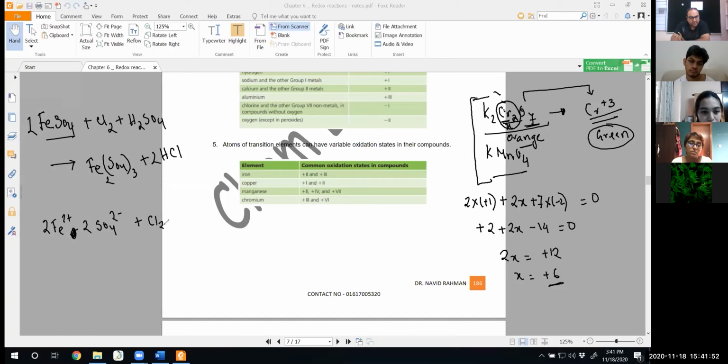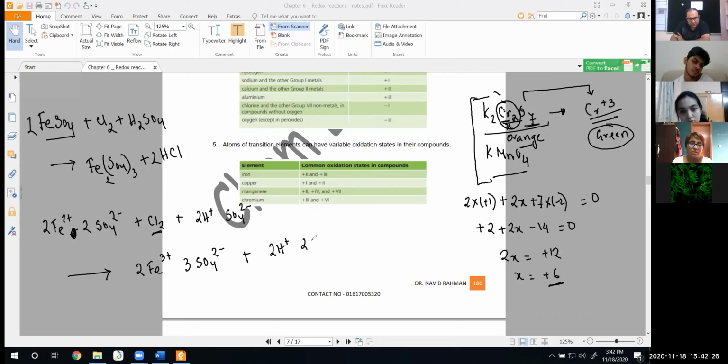Plus chlorine, we write it as Cl2 because it's a non-metal and a molecule. Plus H2SO4, again 2 hydrogen plus and 1 sulfate 2 minus. It gives us 2 Fe3+, 3 SO4 2-, plus 2H+, 2 Cl-.